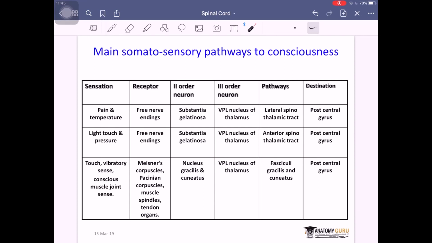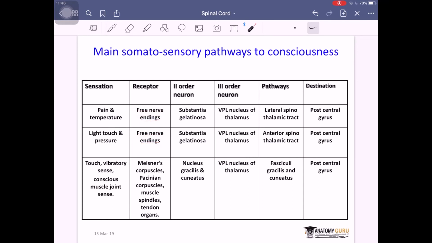This one is your anterior. So anterior is the light touch. Of course some pressure may also be carried, whereas fine touch, vibration, conscious proprioception and everything is your dorsal column pathway, that is fasciculus gracilis and fasciculus cuneatus. So those are the three tracts.